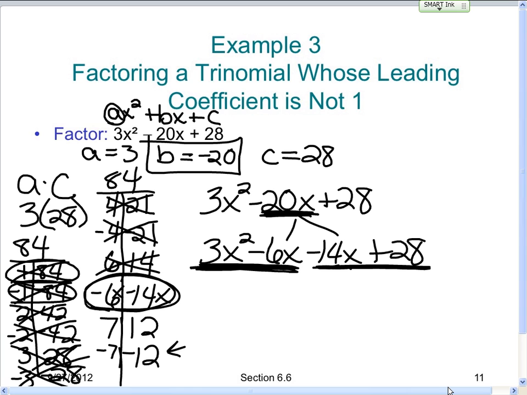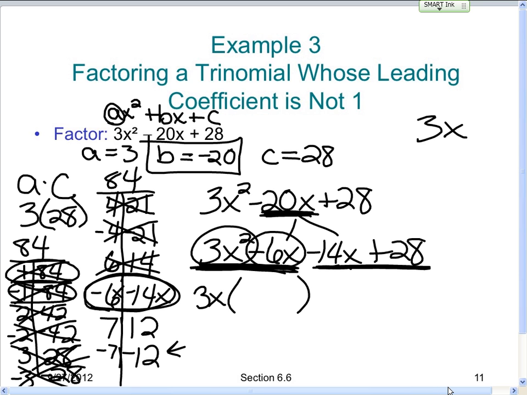So I'm going to put a 3x, because they both have 3's and they both have x's, and a set of parentheses. I need to divide out 3x from both of these terms.